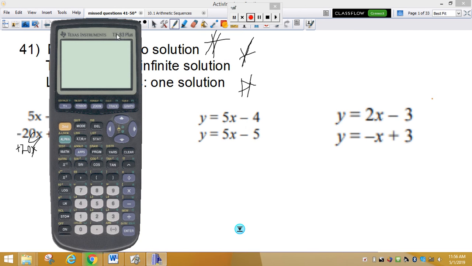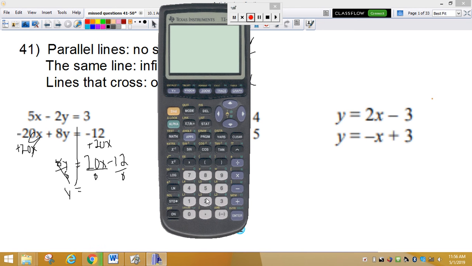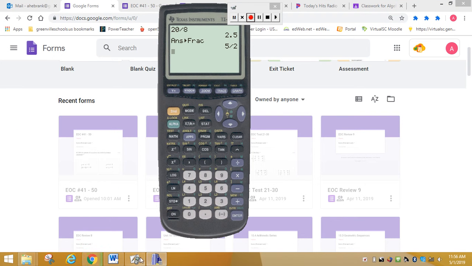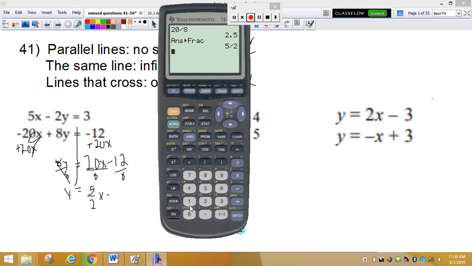So 20 divided by 8 is 5/2. 12 divided by 8 is 3/2.